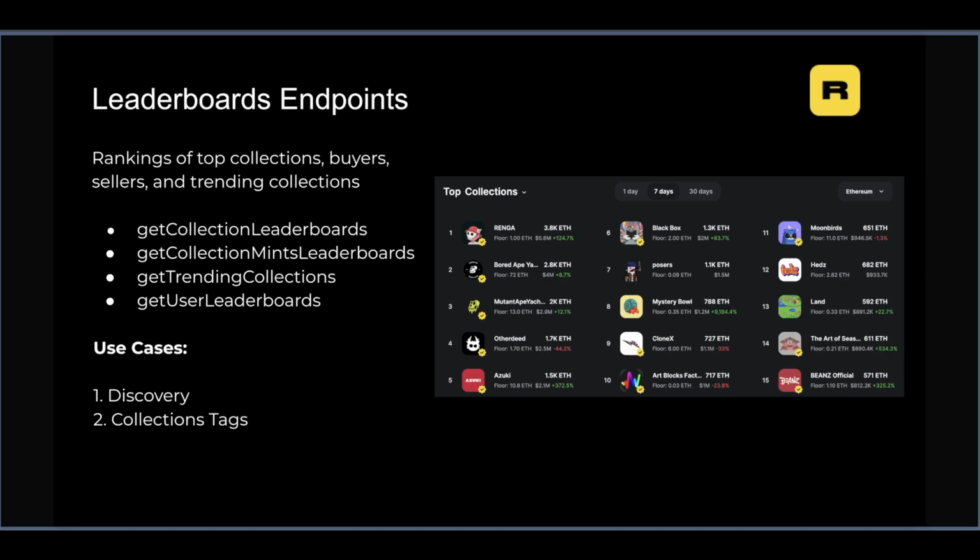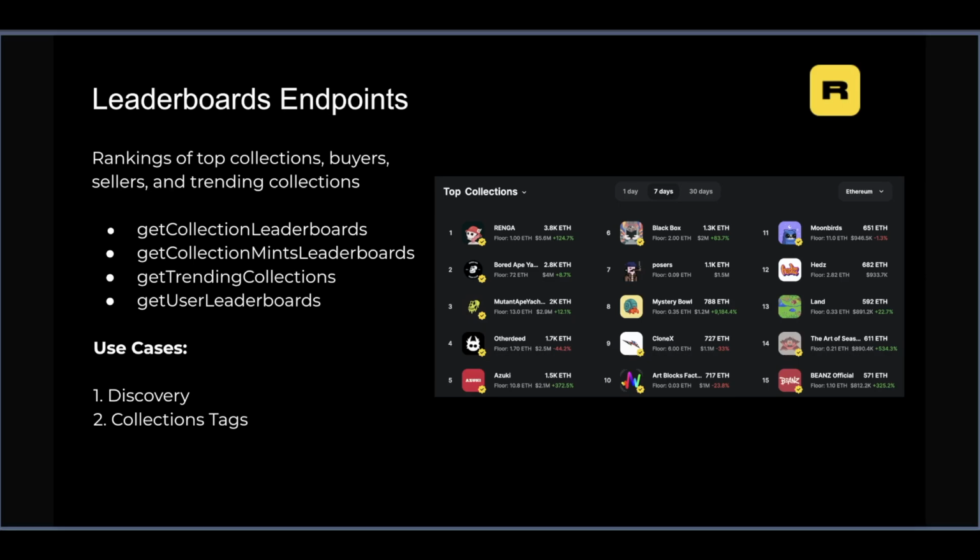We heard a use case where one of the developers wants to see the activities of whales that spend a lot of money on these NFTs. From this leaderboard, you can really dig into who the top buyers are, what they are buying, and understand their activities as well.